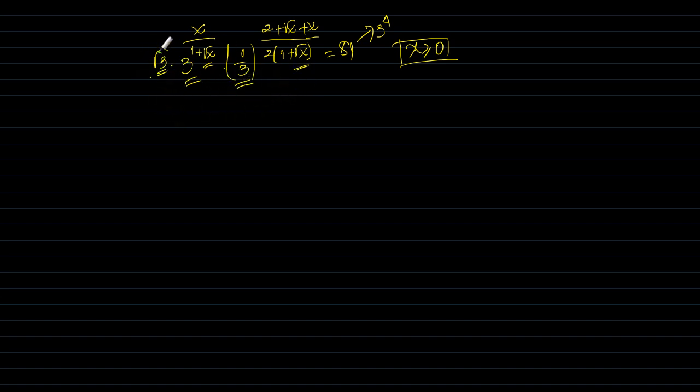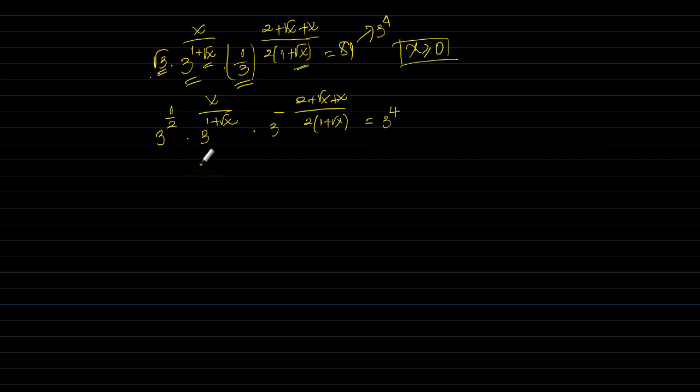So square root of 3 is 3 to the power 1 over 2, times 3 to the power x over 1 plus square root of x, plus 1 over 3, which is 3 to the negative 1, so 3 to the power minus 2 plus square root of x plus x over 2 times 1 plus square root of x, and this is going to be 3 to the power 4, right?